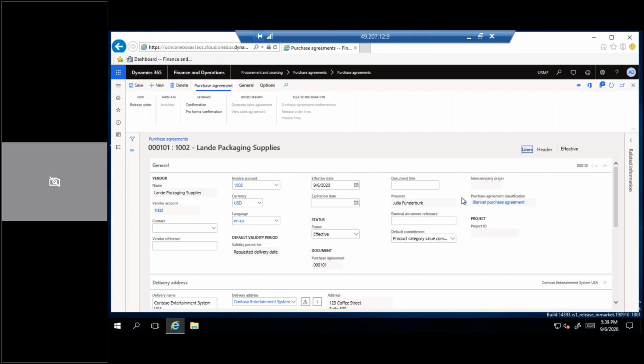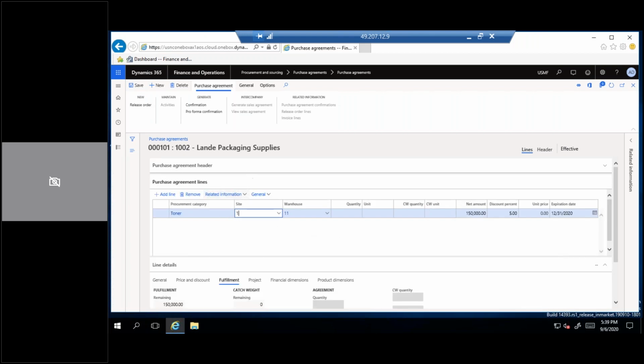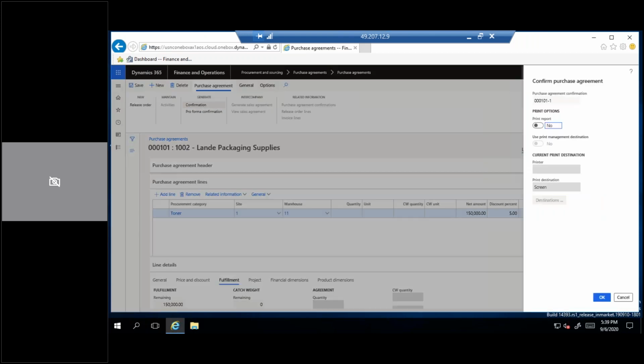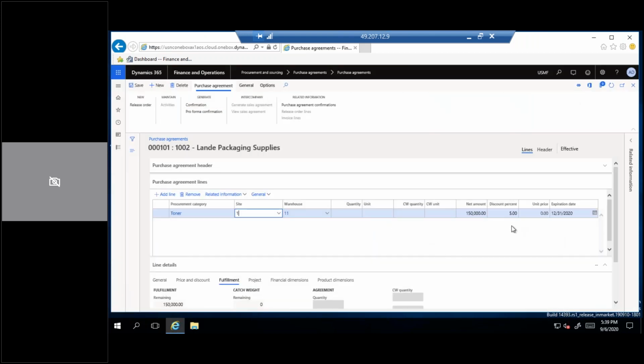Okay, and then the best practice is that you can do confirmation, because this value we are not posting anything. Whatever you have entered will be stored in the history, purchase agreement confirmations, because at any point of time any person can change it.